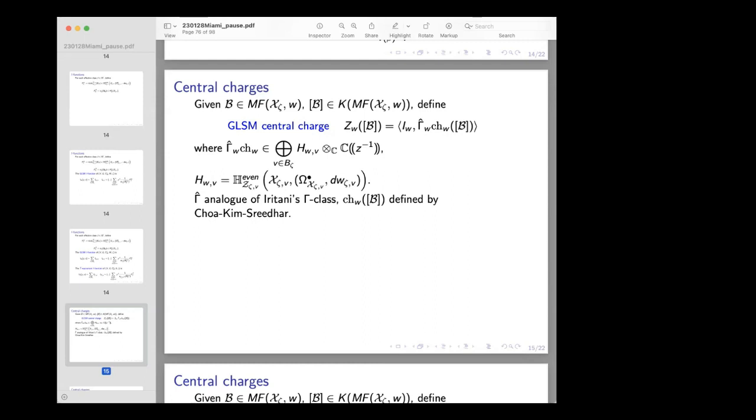Having defined the I function, now we are going to use the I functions to define central charges. Given a matrix factorization of W, take the K-series class.